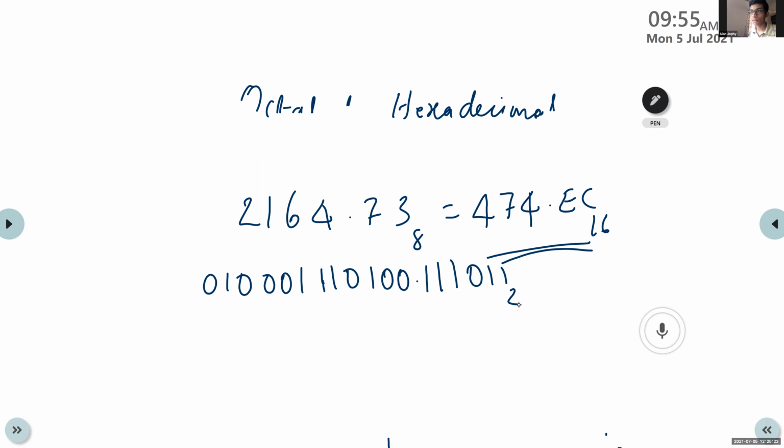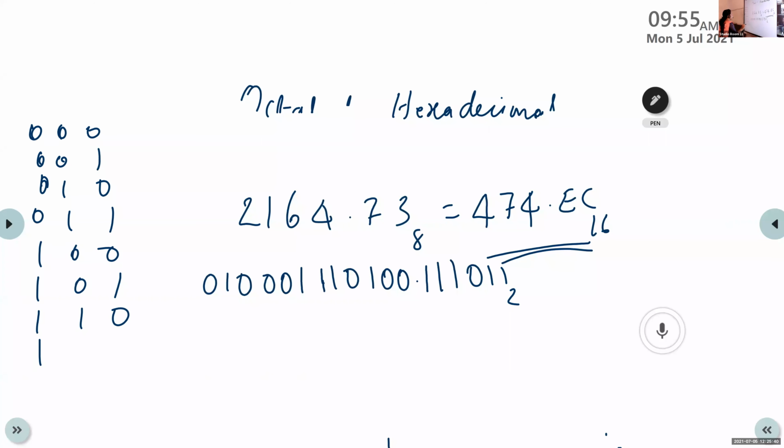Okay. So first use 3-bit table and convert this octal number into binary. So here it is the 3-bit table, that is 0 0 0, 0 0 1, 0 1 0, 0 1 1, 1 0 0, 1 0 1, 1 1 0, 1 1 1. What is 2? 0 1 2 3 4 5 6 and 7. 2 it is 0 1 0.